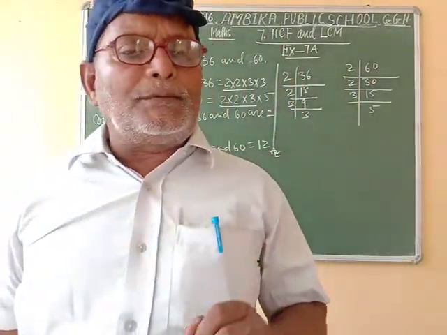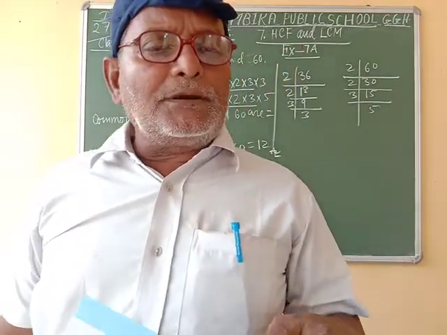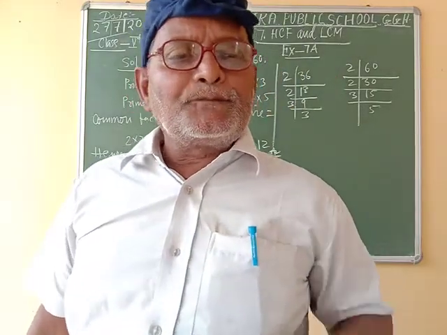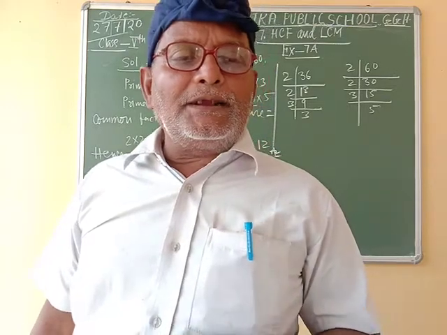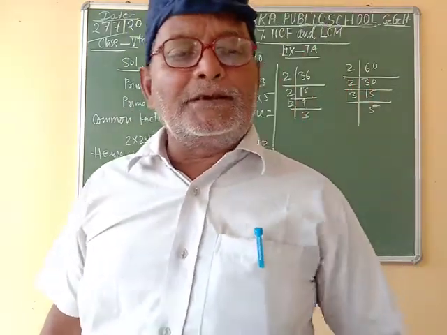To solve question number 2, do the same as question number 1. In question number 2, find the HCF of the following numbers using prime factorization. Same method. And question number 3, find the HCF of the following numbers by the continued division method.